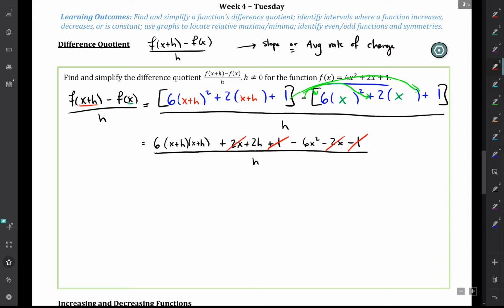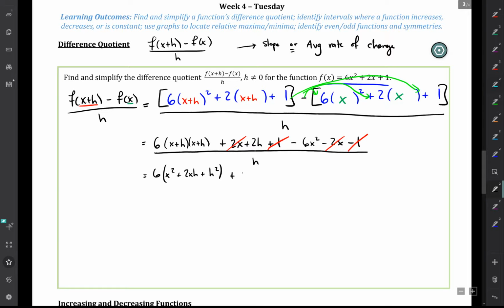And eventually I'll get to cancel that negative 6x squared, though I can't do it quite yet because I need to FOIL. So when I FOIL the x plus h times x plus h, I get 6 times x squared plus 2x times h plus h squared. So that's the foiling, and I still haven't distributed that 6, so I need to put parentheses around that.